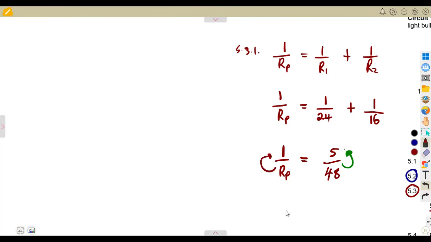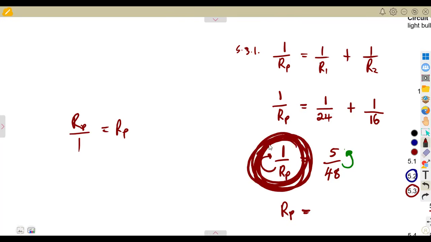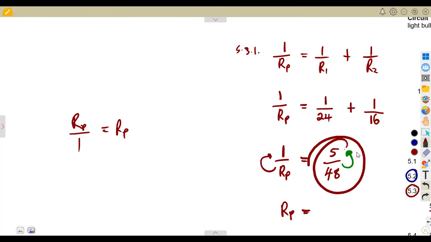So it's Rp over 1, which is Rp. If I interchange this side, I'm obtaining Rp. What I have done on the left-hand side must also be done on the right-hand side, so I interchange that. It'll be 48 over 5. I just flip over.